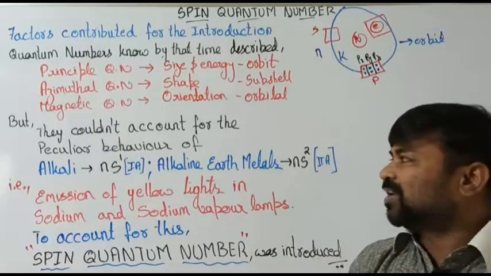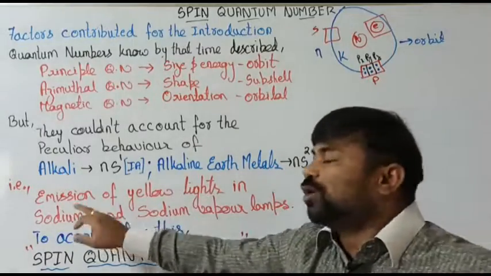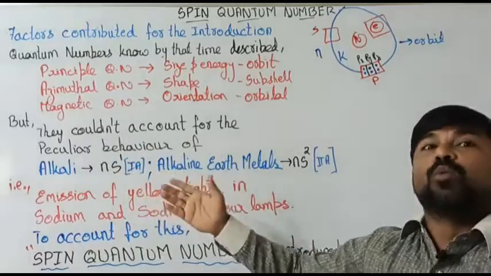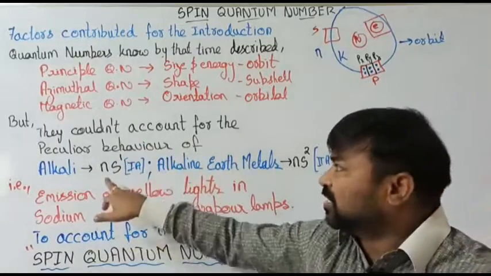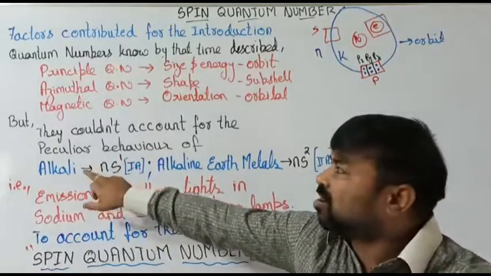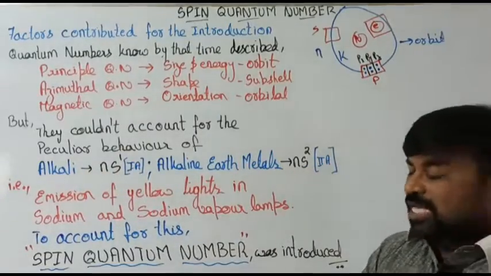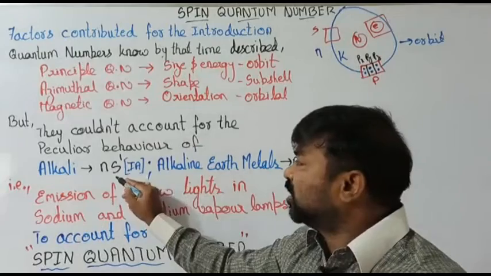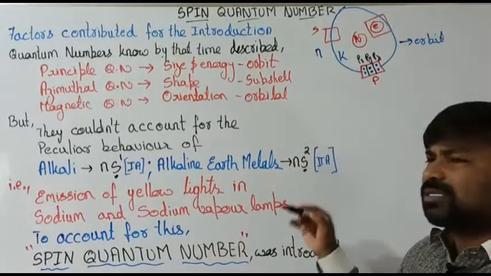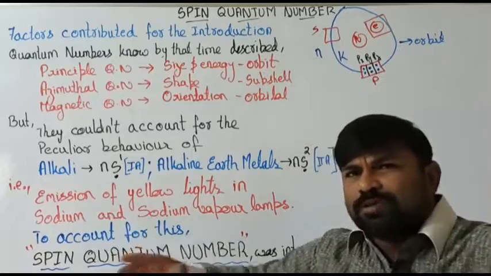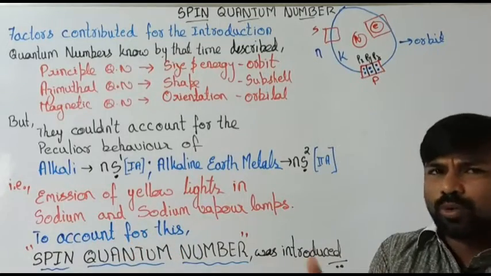The strange behavior is, for example, take sodium. Sodium is one of the elements of this family. Here, the general configuration of the alkali metals is ns1, and in the same way ns2 for the second group. We call them s block elements, and sodium is one of the s block elements belonging to groups 1 and 2.